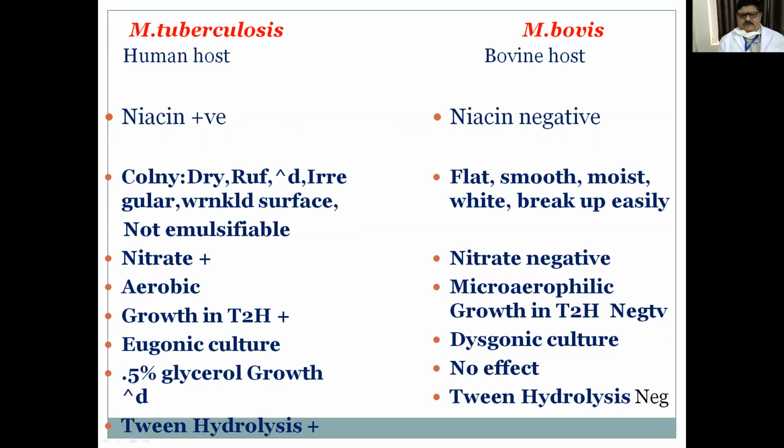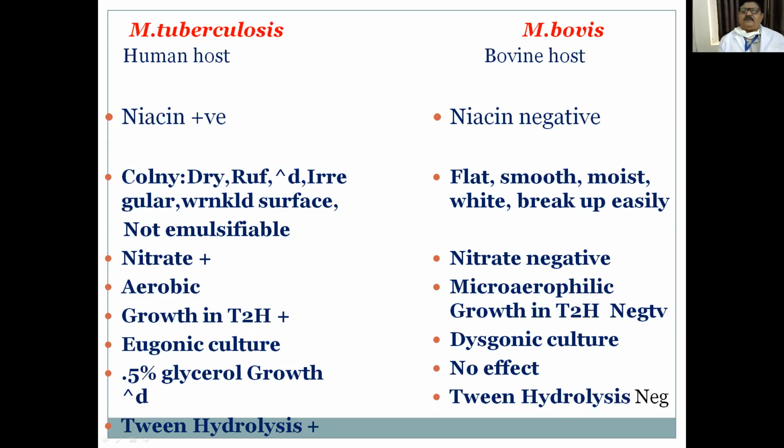Growth in T2H is positive in tuberculosis and negative in bovis. This T2H we'll see a bit later. Mycobacterium tuberculosis gives an eugonic culture, that is, luxuriant growth is expected. In Mycobacterium bovis, you expect a dysgonic culture, so it is a sparse growth.